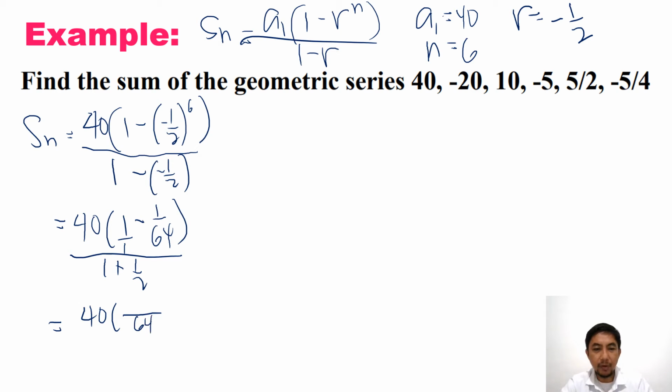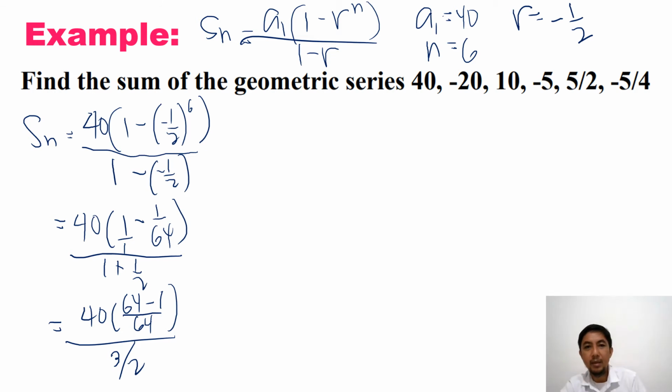So this is 64. 64 divided by 1 is 64 times 1 is 64. 64 divided by 64 is 1 times 1 is 1. Divided by 3 halves. Now, 1 plus 1 half is equal to 1 and 1 half, and 1 and 1 half can be expressed as the improper fraction 3 halves.